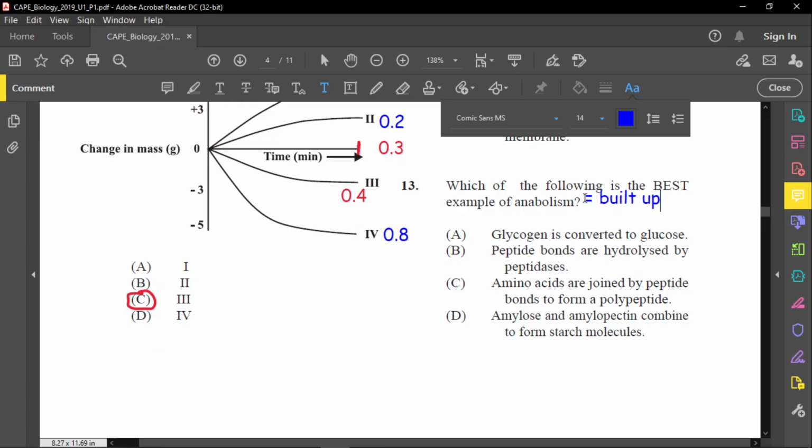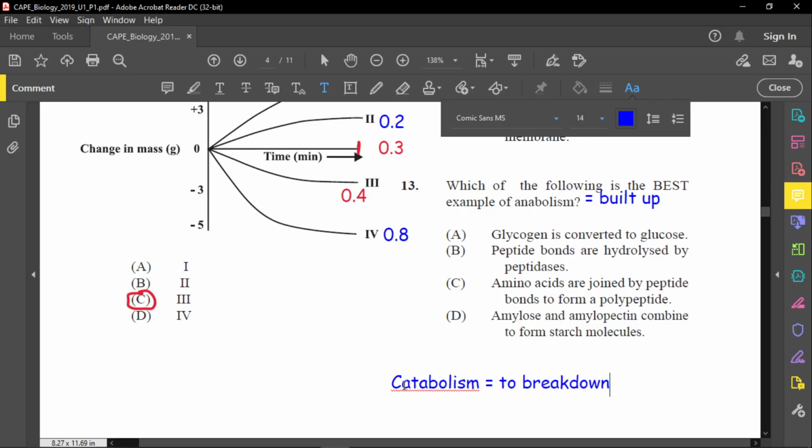And when you see the word catabolism, let's put it at the bottom right here. Catabolism means to break down. All right, that's very important for you to note. So catabolism refers to break down. Anabolism means to build up.